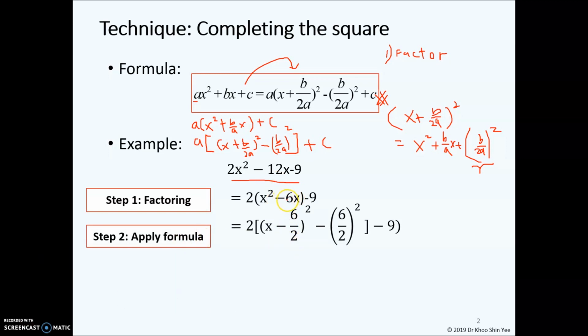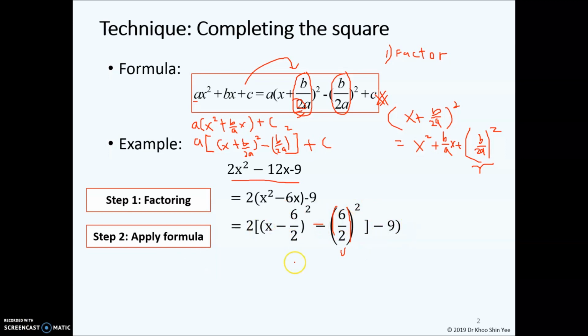So minus 6 here you have to divide by 2, right? By following this formula, 2 here. Then you have to minus the additional part. So for this part here, it's exactly the same as the part inside. So you have to minus the part here, which is exactly the same as 6 over 2. This one. So don't forget the power of 2 here.